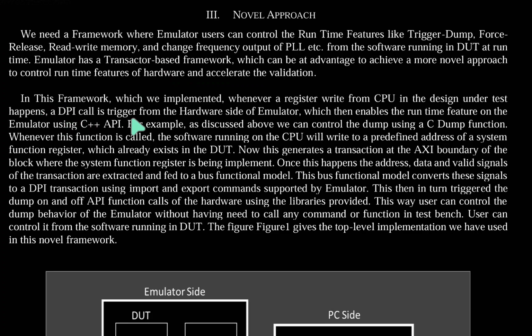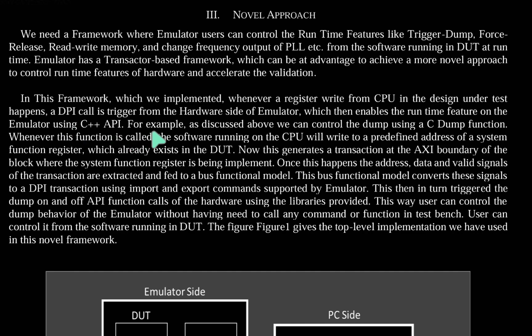In this framework, which we implemented, whenever a register write from a CPU in the design under test happens, a DPI call is triggered from the hardware side of the emulator, which then enables the runtime features on the emulator using C++ API.